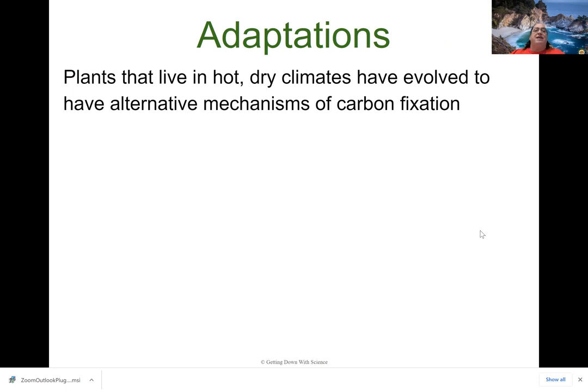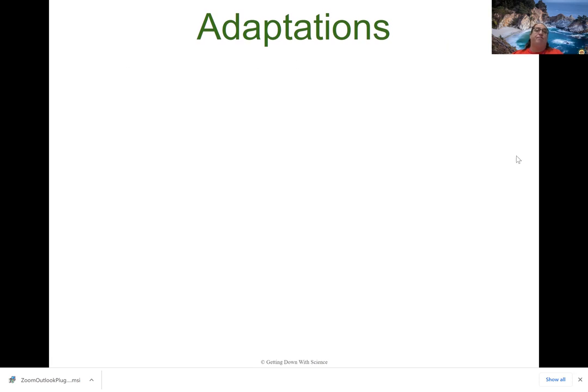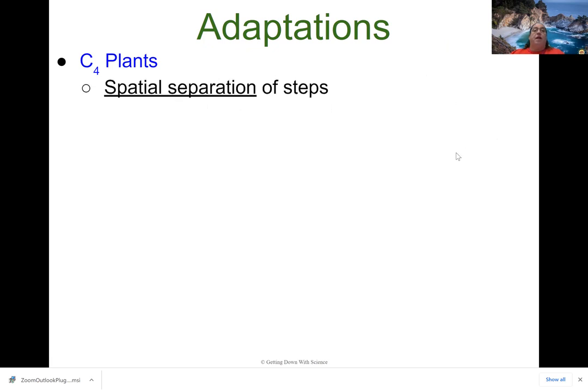So in terms of adaptations, plants that live in hot, dry climates have actually evolved alternative mechanisms of carbon fixation, so we don't have that problem. C4 plants have spatial separation of steps.